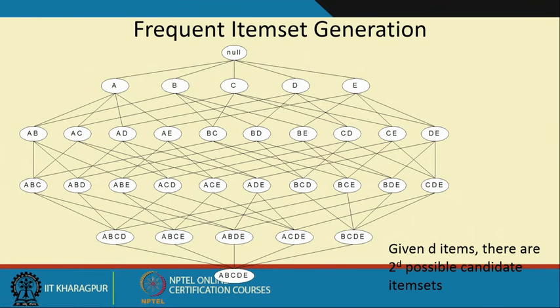For example, the subsets of ABC are AB, AC and BC, the subsets of AB are A and B and so on. Okay. So, the thing to be noted is that this lattice represents all possible candidate item sets that one may think of. Okay.